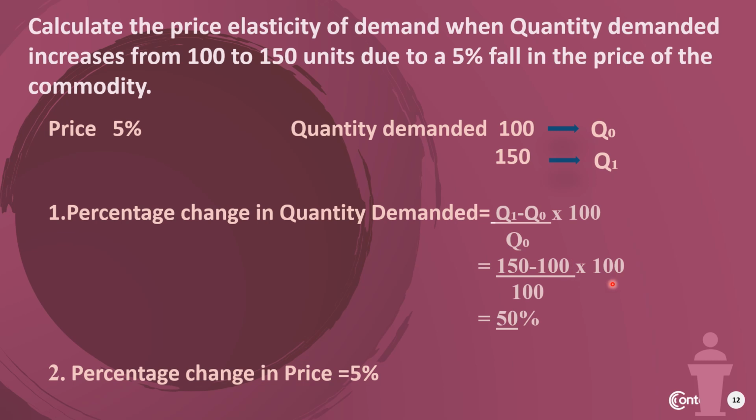And we multiply this by 100. So you get 50 upon 100 multiplied by 100. 100 and 100 cancel out, and what we are left with is 50%. So the percentage change in quantity demanded is 50%. We already have the percentage change in price, which is 5%. We need to state it in the second step.